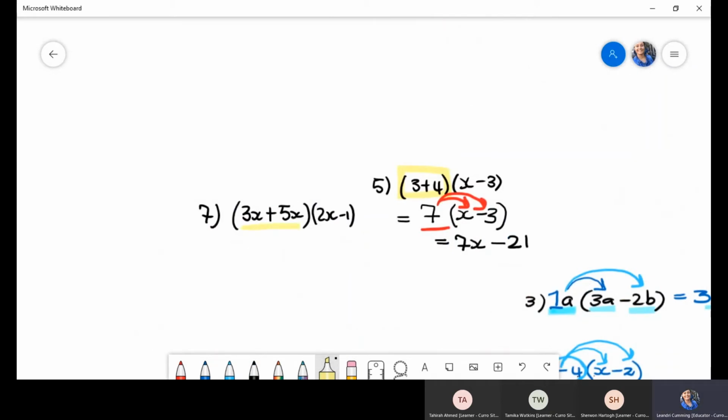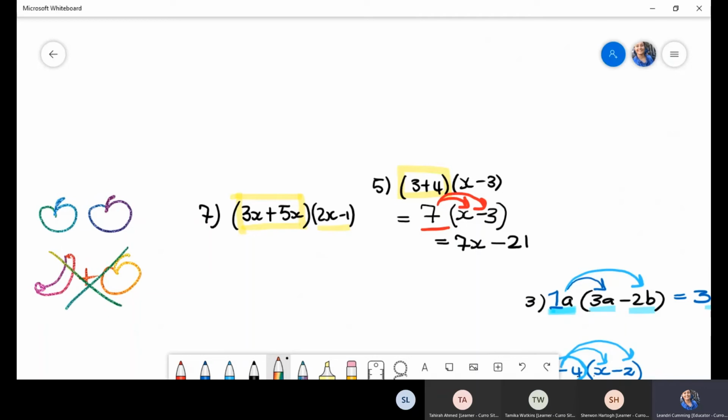Okay, that's a 3x, and that's a 5x, so great. But in this bracket, 2x minus 1, okay, leave that bracket. My rule is that I may add apples to apples, but can I add a banana to an apple? No, there's no way I can join a banana with an apple. I want to add apples, and that's my like term. Add it to my like term, which gives me 8x, and write it directly next to that bracket.